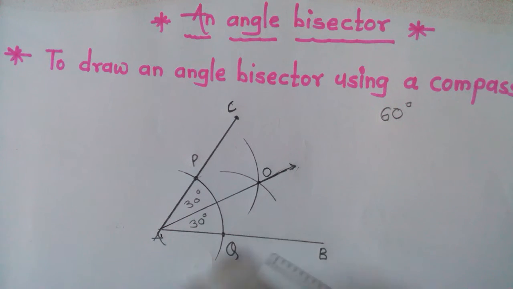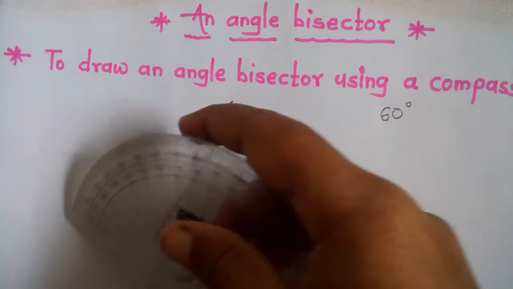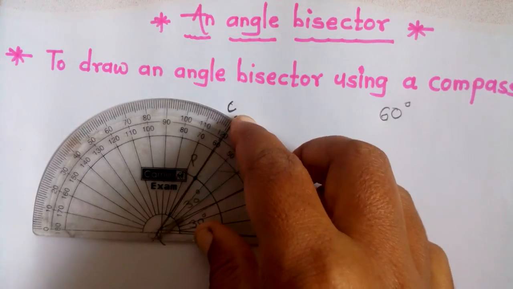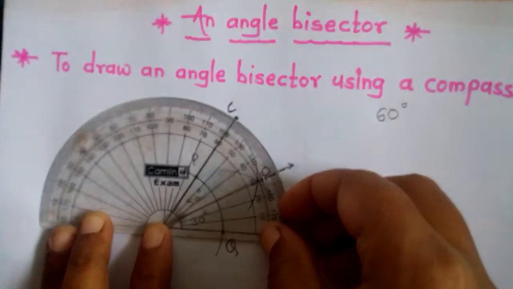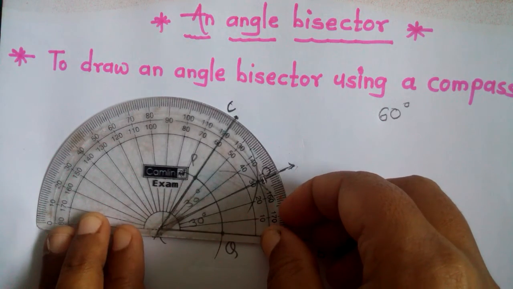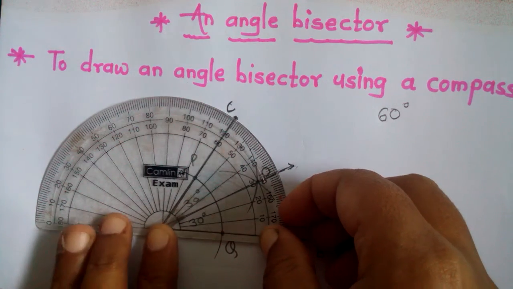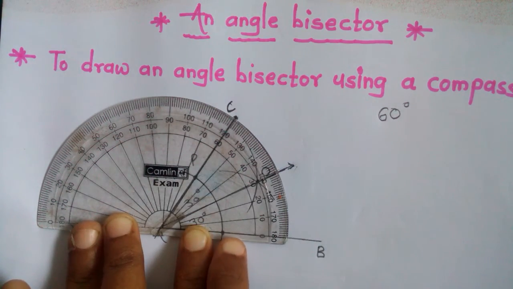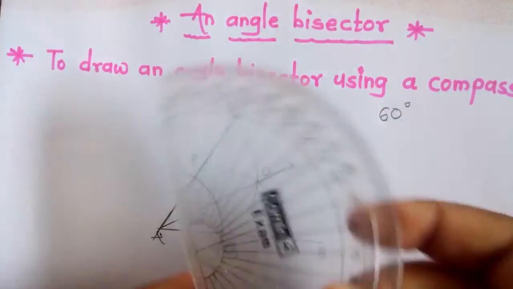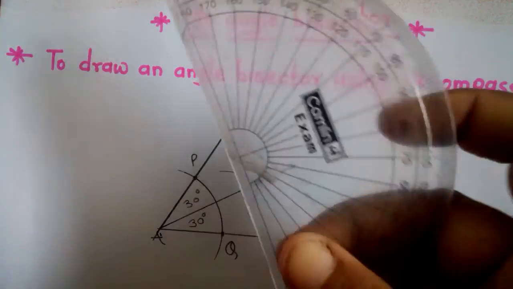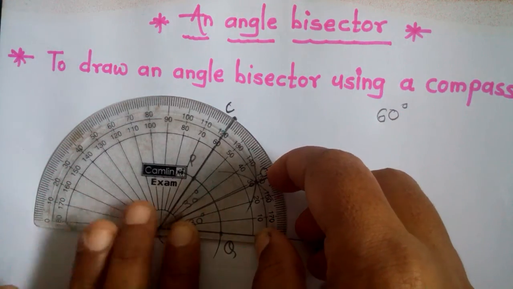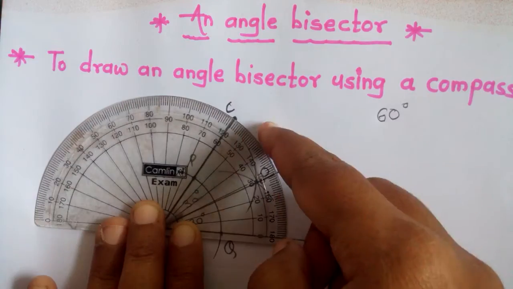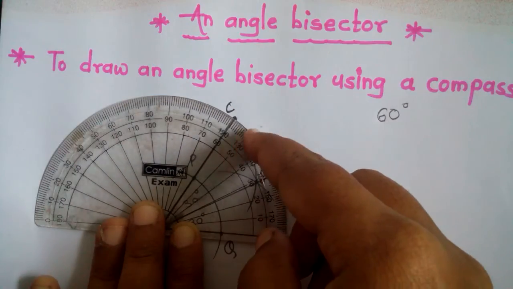See, first we have to draw the line, then decide how many degrees of angle you have to draw. Keep the protractor on the line, and match the horizontal line with the protractor's line. Then take the degree of angle you want.